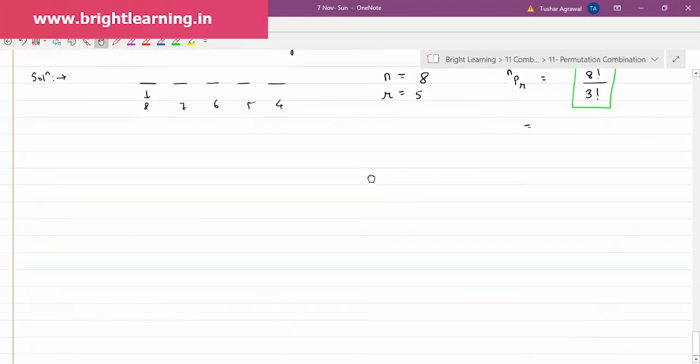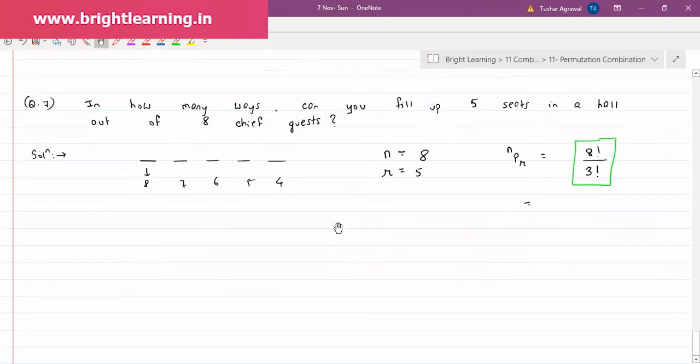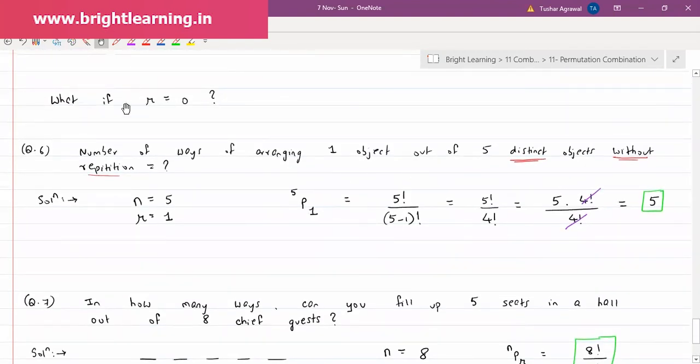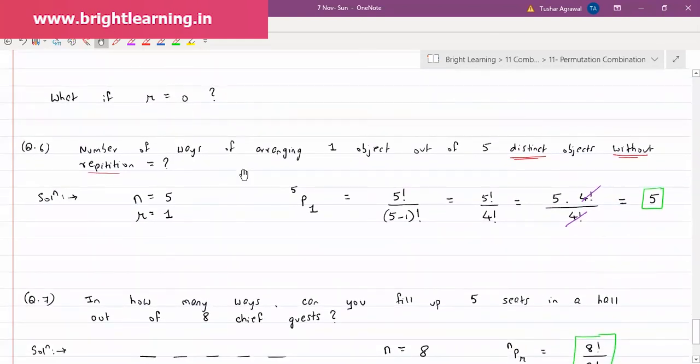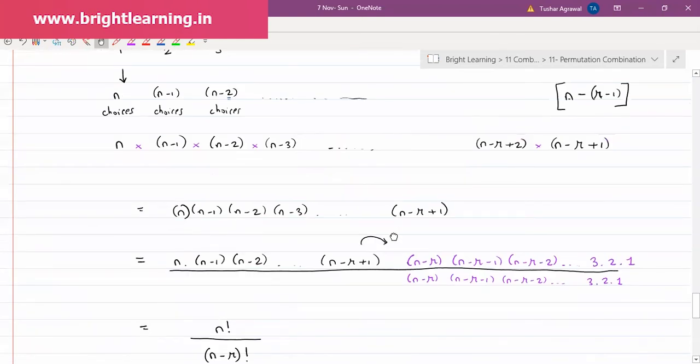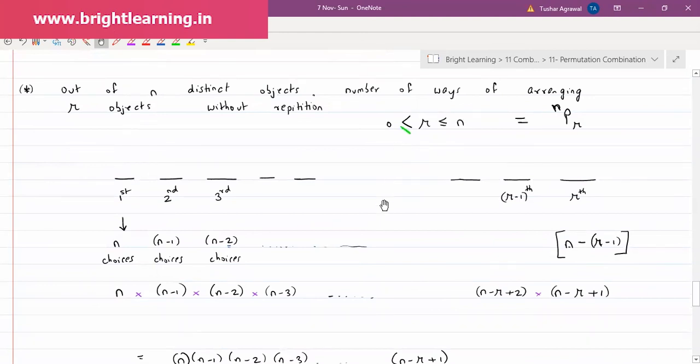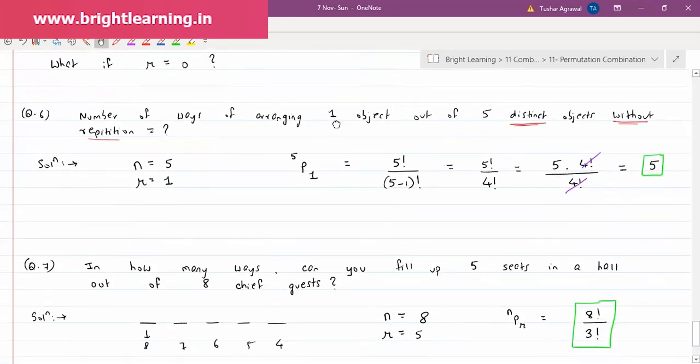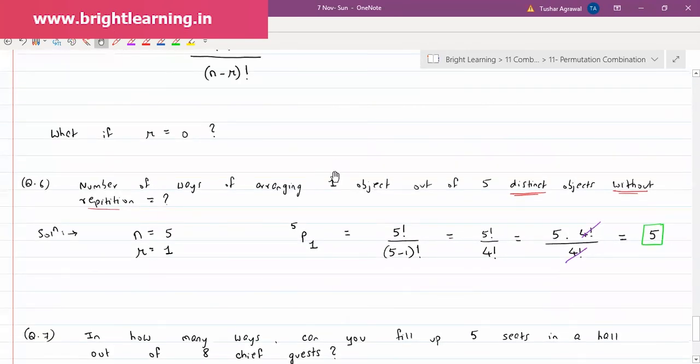What is the number of ways in which 0 objects can be arranged? That part, 0 factorial equals 1, we will see in combination, because for that I will require the formula for combination. Right now we'll skip it for today. In combination, I will tell you about 0 factorial.